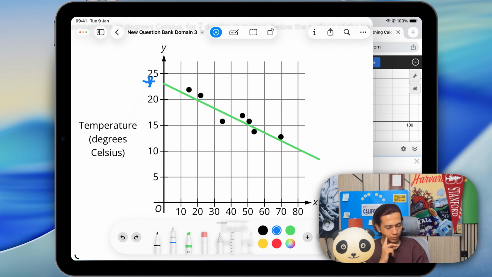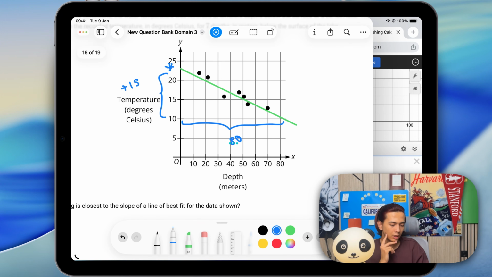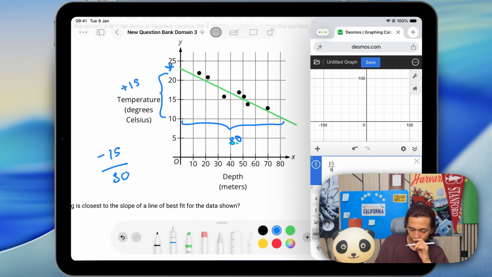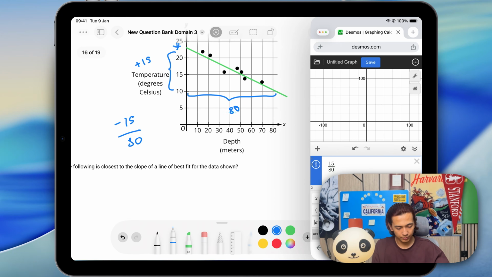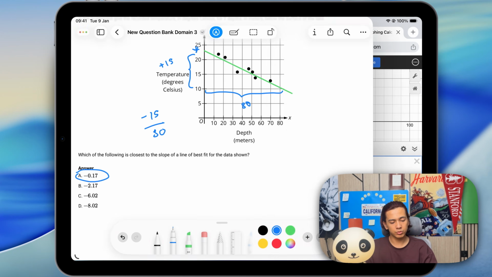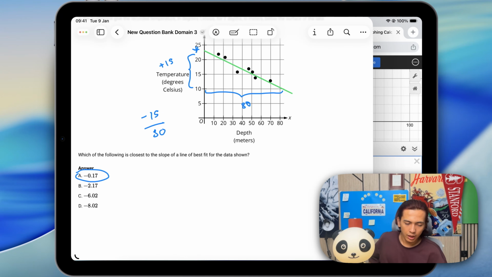So you decrease by around 15 over around 80 depths, so it's going to be 15 over 80, about negative 0.18. Oh, option A. Wow, the guess was really close. I was not expecting that.